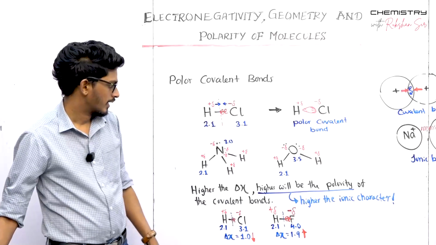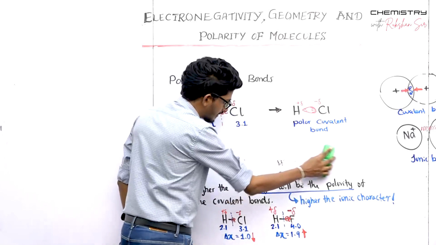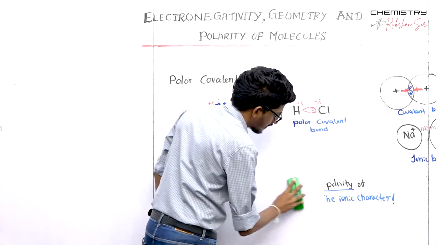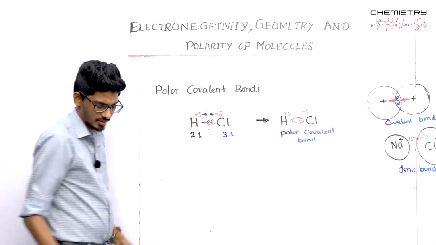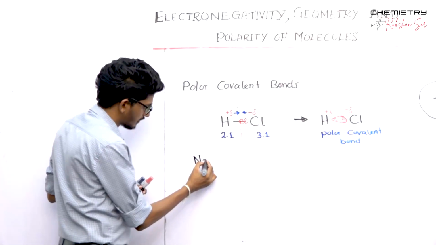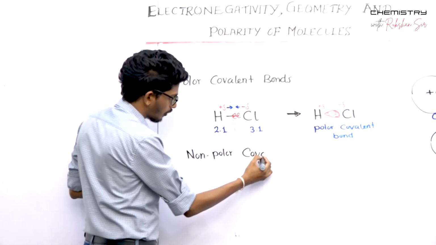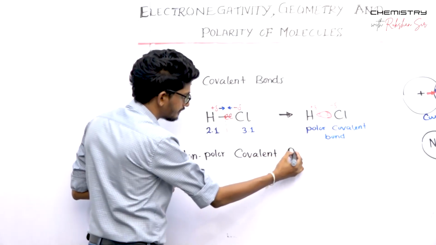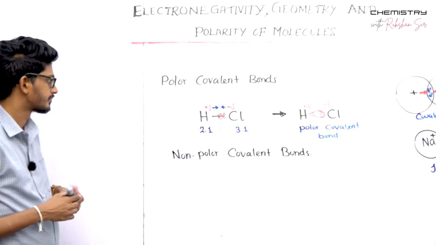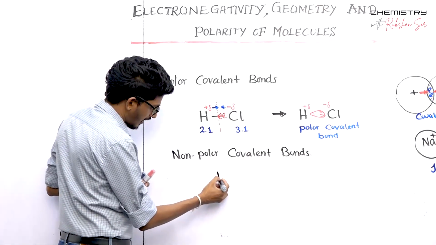There are two types now: polar covalent bonds and non-polar covalent bonds. I'll give you an example. I2 is a good example.